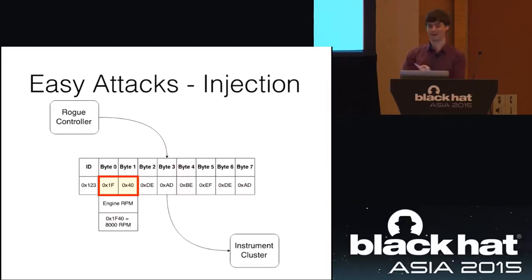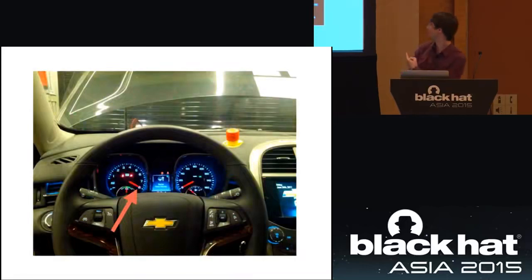So if you do this on a car, you get that, and this car actually has no engine in it. We're just sending a message, and as you can see, it's like, okay, 8,000 RPM. That's fun. This is a bit of a benign example. It's just a really easy example to see. But remember that in cars there are so many controllers and they're making so many decisions based on this data.